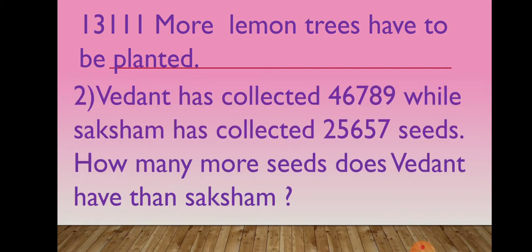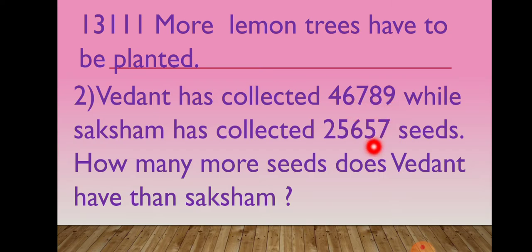Next question. Vedant has collected 46,789 seeds while Saksham has collected 25,657 seeds. How many seeds did Vedant collect? 46,789.